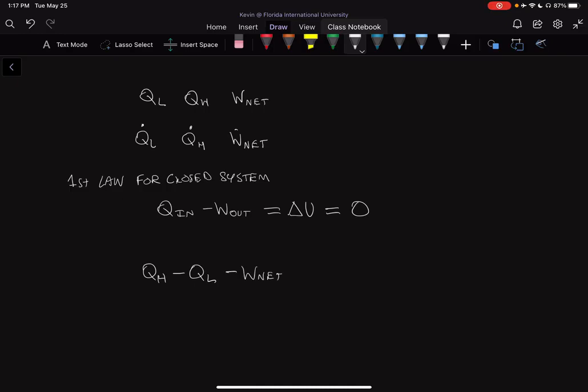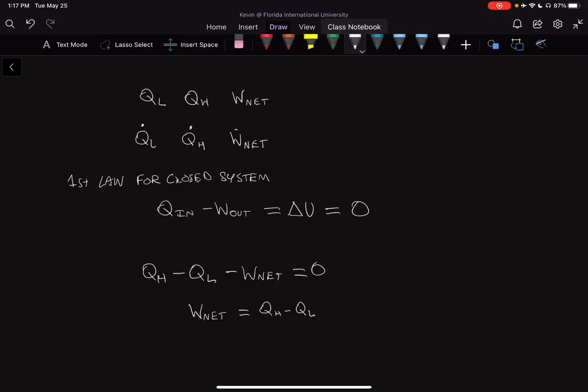The overall net work is going to be out. So we have this equation. And if we rearrange this equation, we can say that work net is just equal to QH minus QL.